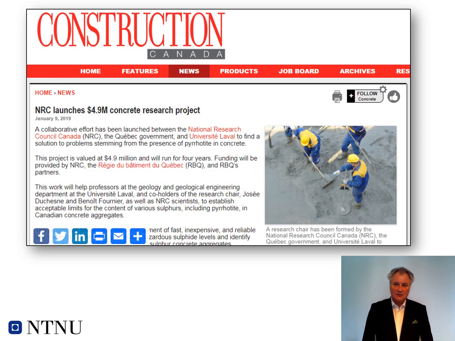Now this pyrrhotite challenge is a matter of major research interest in Canada. So they have just started quite a big project on this at the University of Laval in Quebec City, looking into how to test these types of aggregates, how to potentially mitigate it in concrete, and so on.